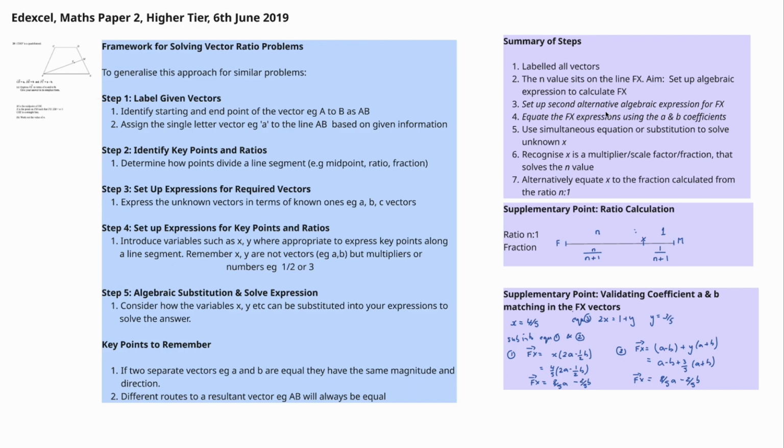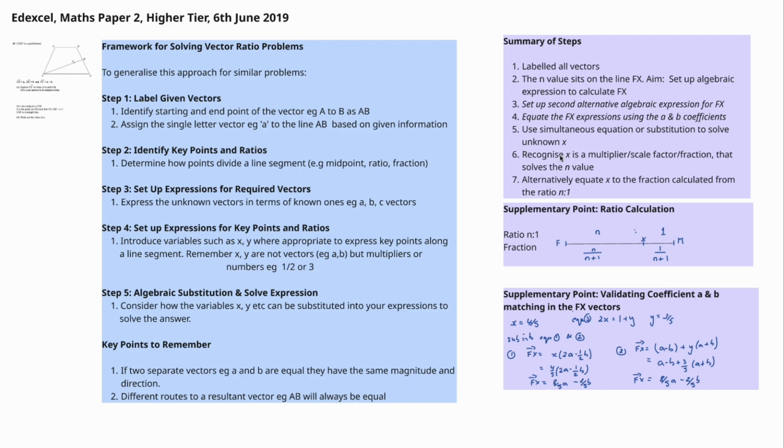And by equating them, we had to match the a and b coefficients, not the x and y variables that we added in, because they were scale factors. We then also had to consider using either simultaneous equations or substitution to solve the value of x.